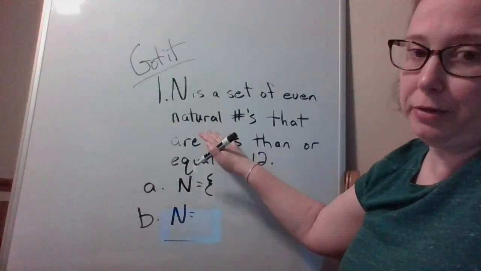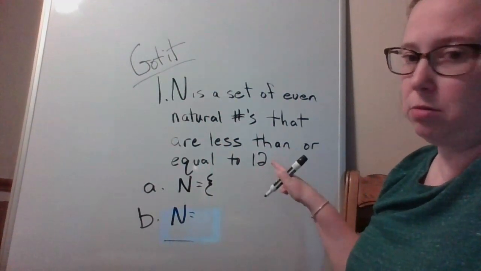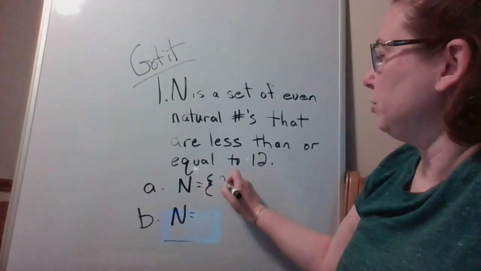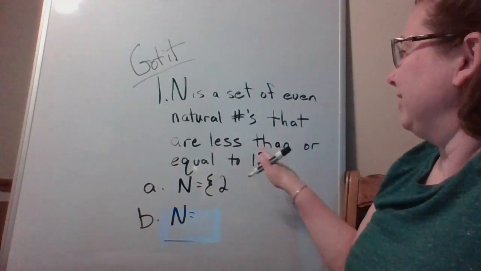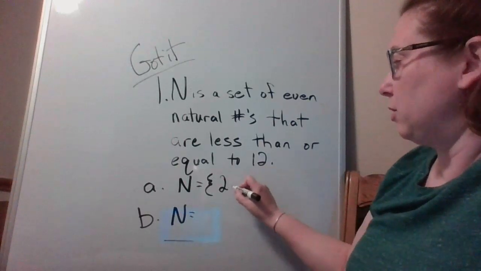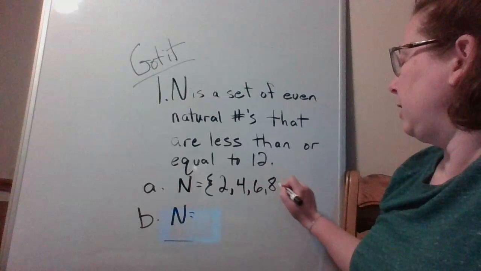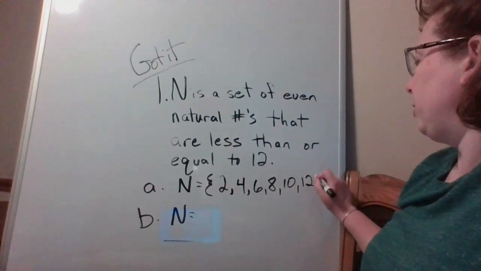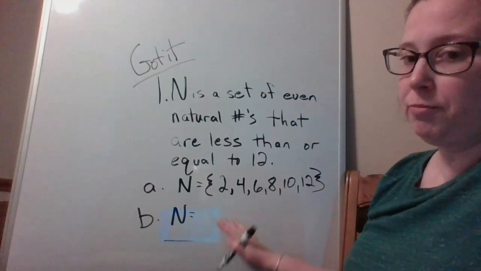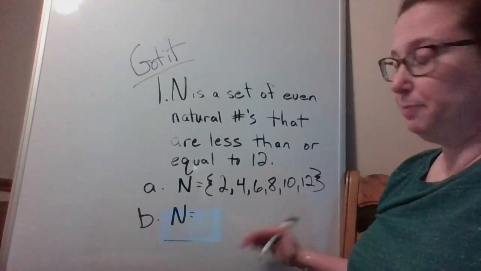Natural numbers are counting numbers, so they start at 1, but we're talking about even natural numbers, so we're actually going to start at 2. And we are less than or equal to 12. So that means we need to go the whole way up to 12. So we're going to say 2, 4, 6, 8, 10, 12. Those are all the elements of our set. That's in roster form, where we just list them all out.